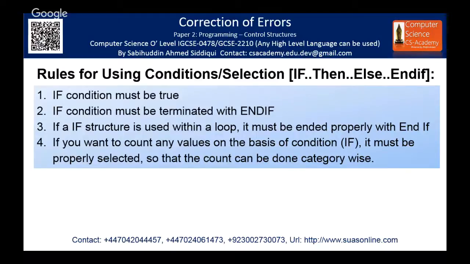If the if structure is used with a loop, it must be ended properly with an end if statement. The fourth rule which you have to follow: if you want to count any values on the basis of a condition, it must be properly selected so that the count can be done category wise.